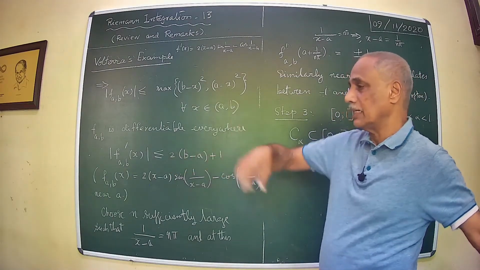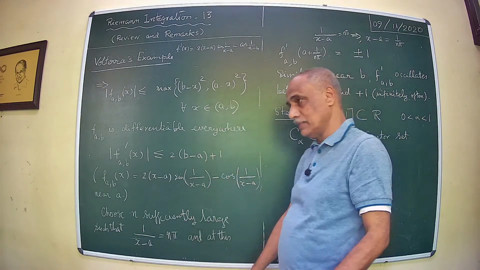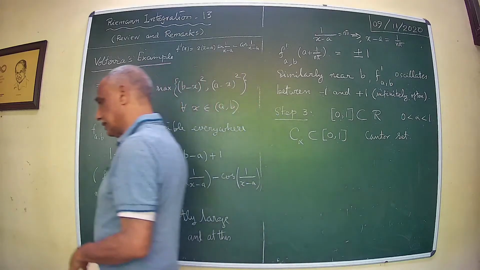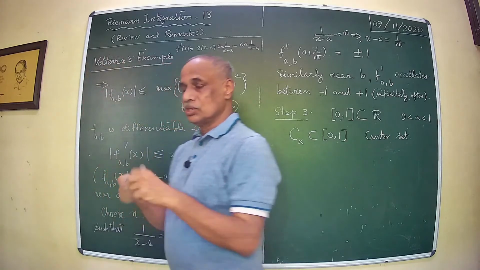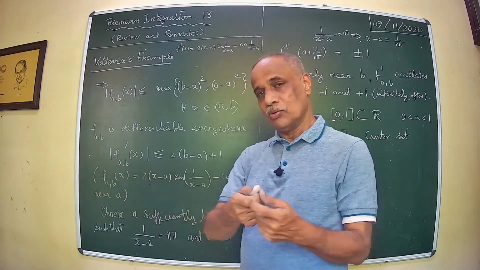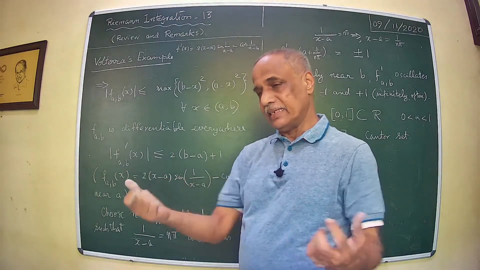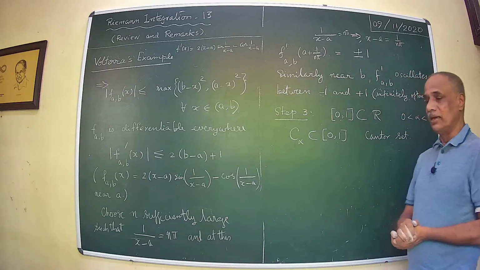So it oscillates at both the endpoints, and it is a continuous function, it is differentiable everywhere, but the derivative is not continuous at both the endpoints. So we patch up these kinds of functions to define a function on the whole interval 0, 1.